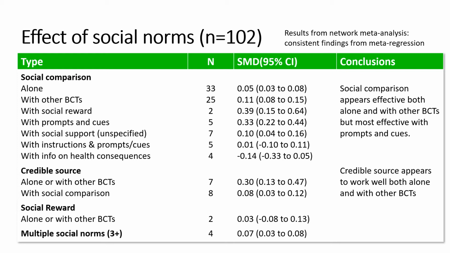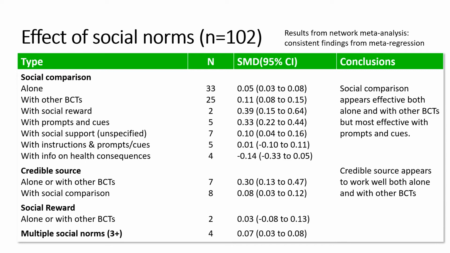techniques too. Credible source we found in 15 studies, and that was shown to be effective either alone or as part of other complex interventions, and it was also effective when used with social comparison.